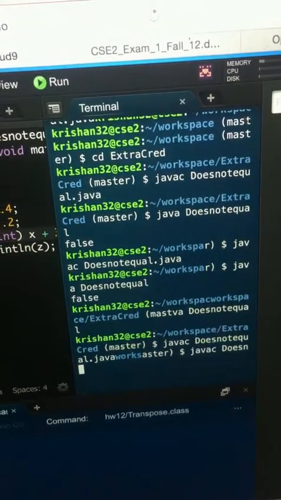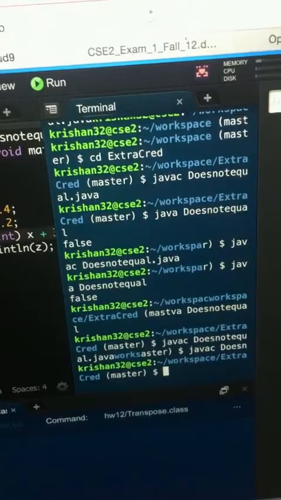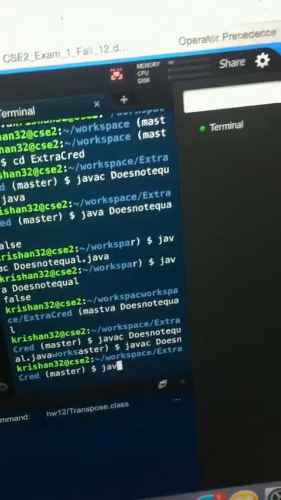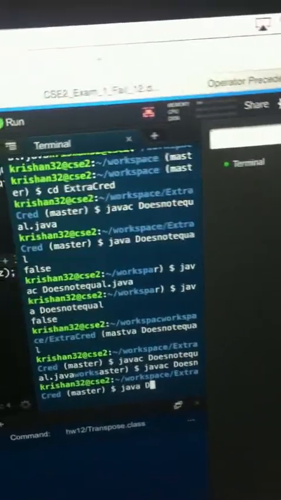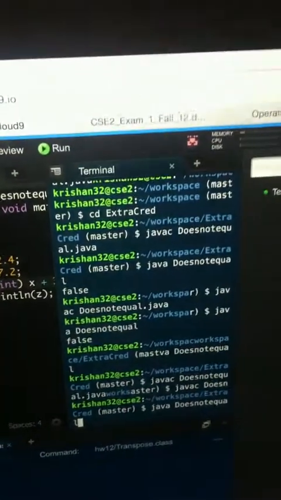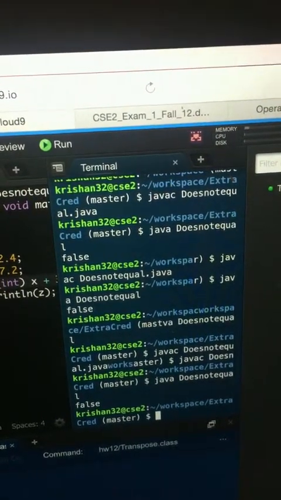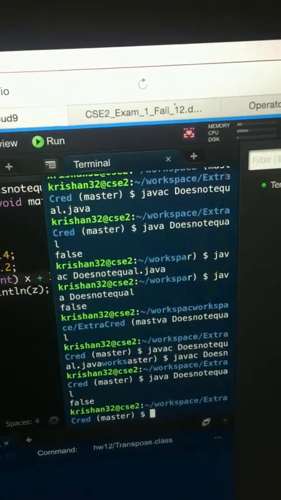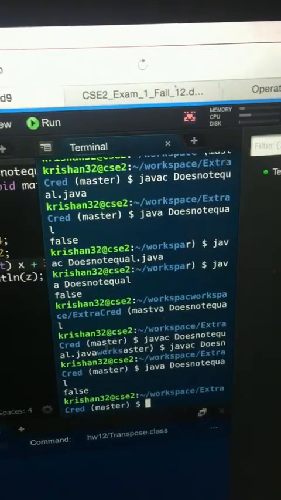Once you compile it, we get no errors, and then we run java, the program name, and we get false. So the value of the boolean is false.